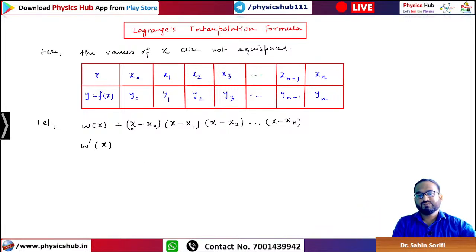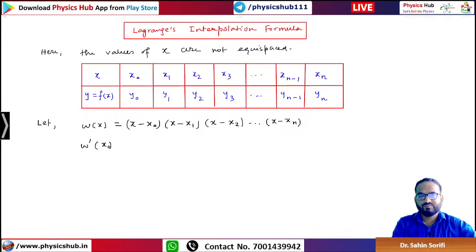If you take the derivative of the first term, d/dx of x minus x0 equals 1, into the whole remaining terms, plus 1 into the whole terms except x minus x1. What will be the third term? 1 into all the terms except x minus x2, plus 1 into all the terms except x minus x3.